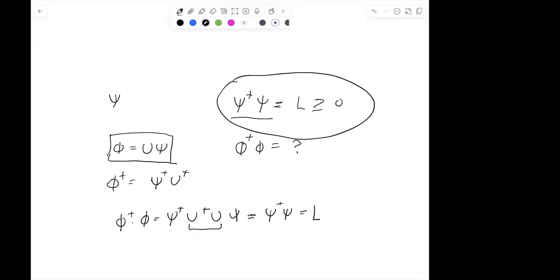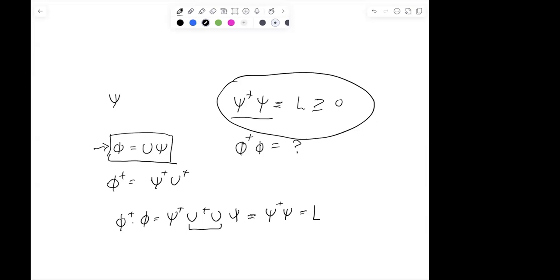Now I want to do something very interesting. I want to create a new vector, phi, that you see here, and phi is our original vector multiplied by a unitary matrix. So I took my original vector psi, I multiplied it by a unitary matrix, and now I'm interested in understanding what the new vector will be.